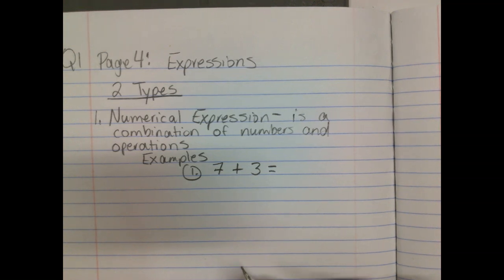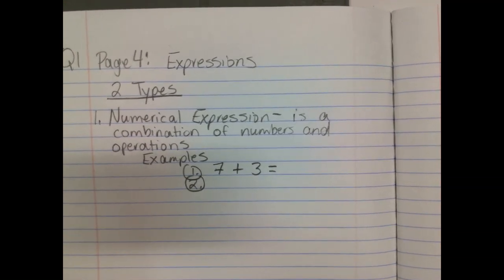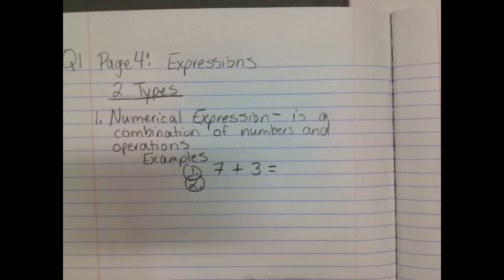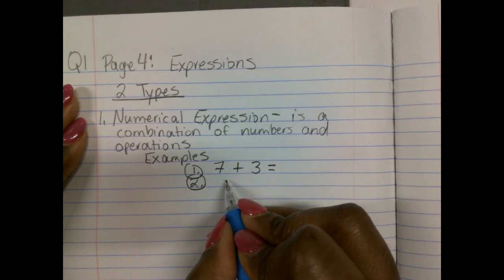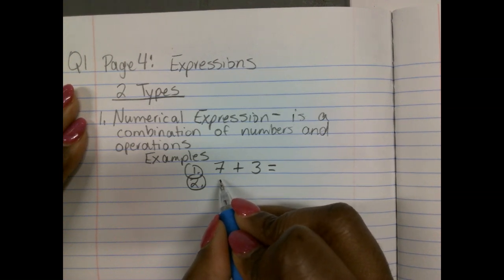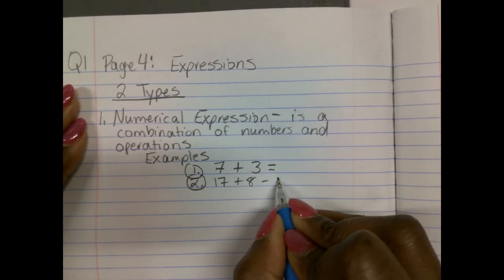No. Okay. All right, you come up with another one, but let's make this one a little bit longer than the first one. Don't give me a baby one. Give me a teen one. Give me a little bit longer. 17 plus 8 minus 3.